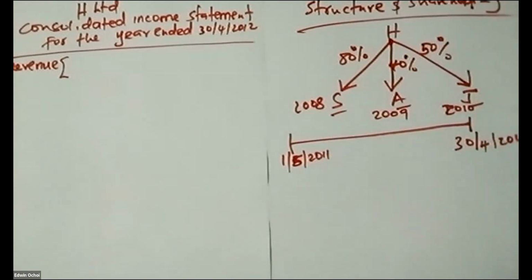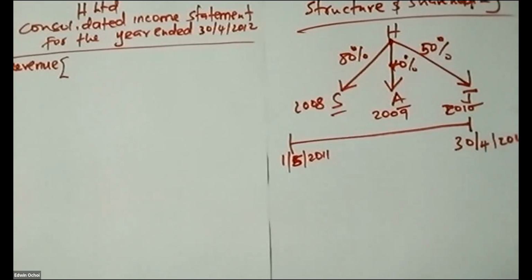One thing I need you to dismiss from your mind is that someone will say that, if J was acquired 1st May 2010, then from 1st May 2010 to 2012 those are 2 years, so I have to multiply my transactions of J by 2 years. That is incorrect.